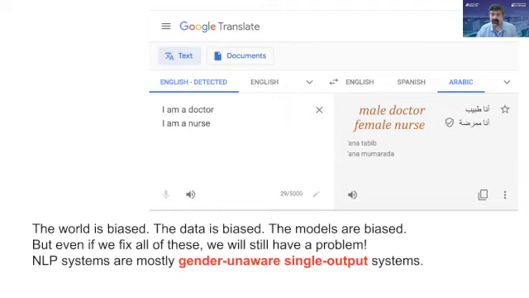But even with all of that, we still have a system that I would call a gender-unaware single output system, right? The system doesn't know my gender or my gender preferences when I say I am. It has no reason. I mean, Google knows a lot of things about me, right? Probably more than I imagine. But somehow in this context, they just are clueless. They don't know. And then they could have generated multiple outputs, so that's why it's a single output system.